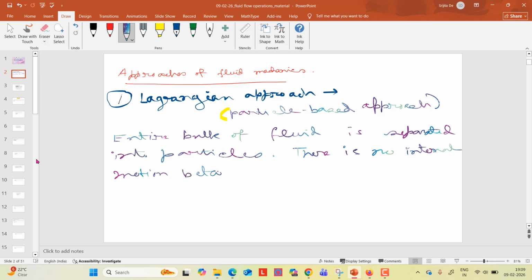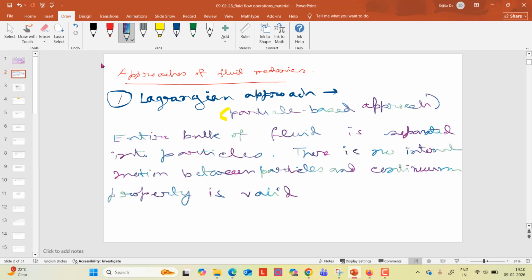So here, what is considered is that every fluid is a particle, right? But the continuum approach, I will come to later.